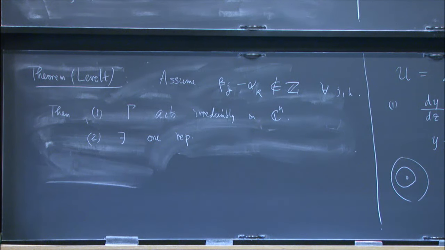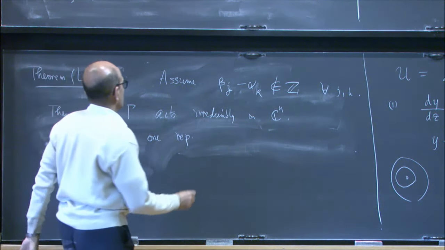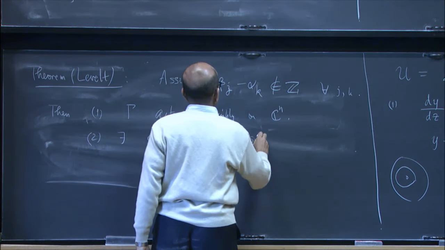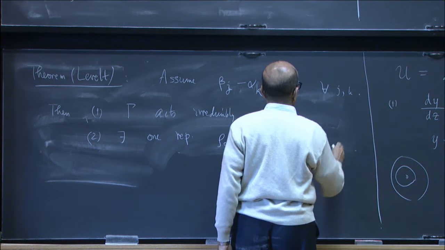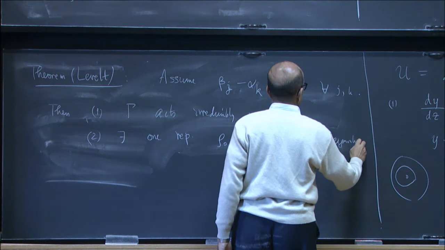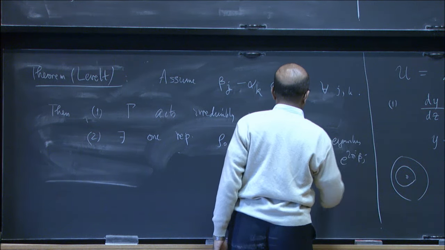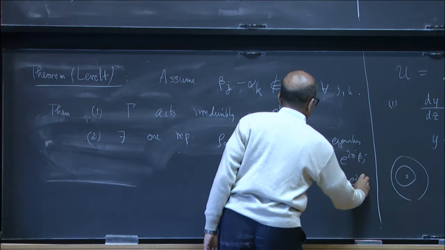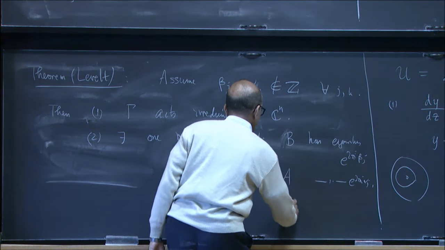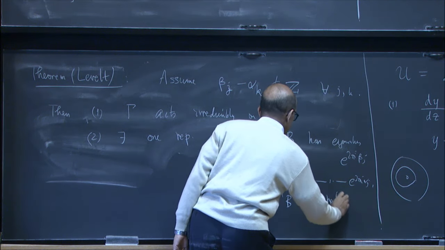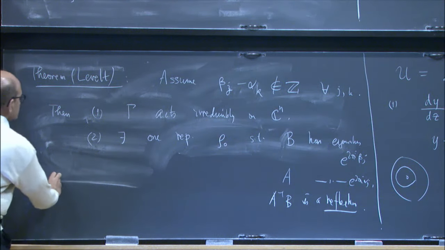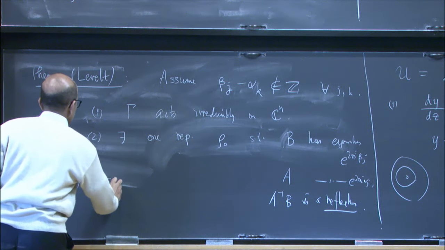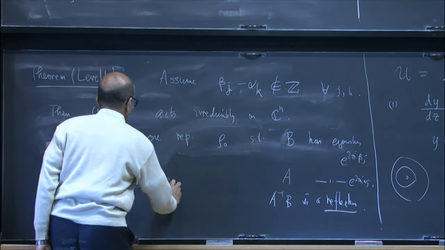So given arbitrary betas satisfying these conditions, there is always a representation with these properties rho naught, such that B has characteristic polynomial, has eigenvalues alpha j, and A inverse B is a reflection. And all such representations are conjugate.